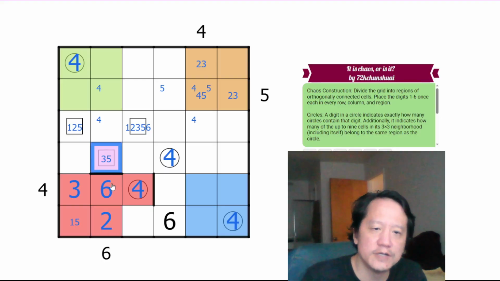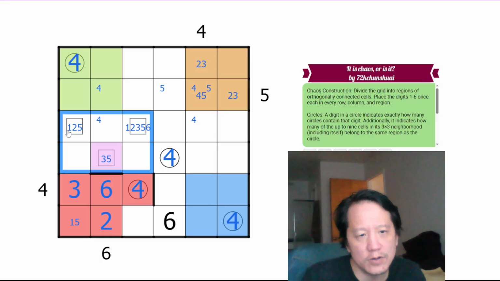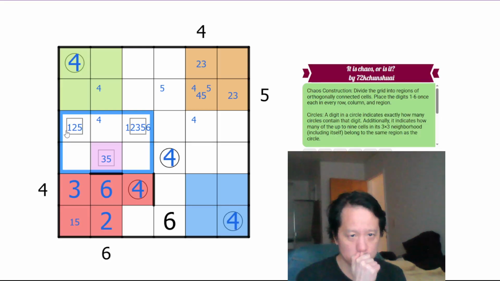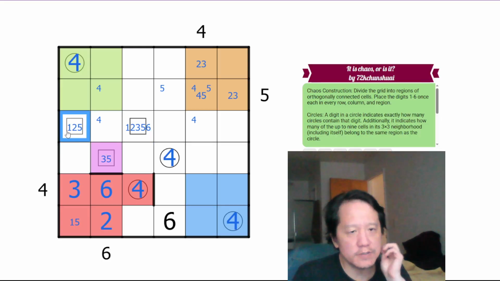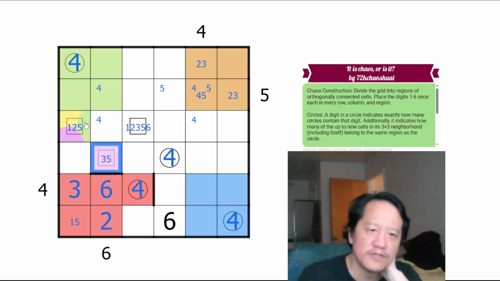This already has 3 cells in the neighborhood which are not part of its region. Otherwise, it could be all pink here, if that's the case. So this could be green, cannot be red. We could have green, pink, or yellow here. If it's green, this is guaranteed to be 2, at least.